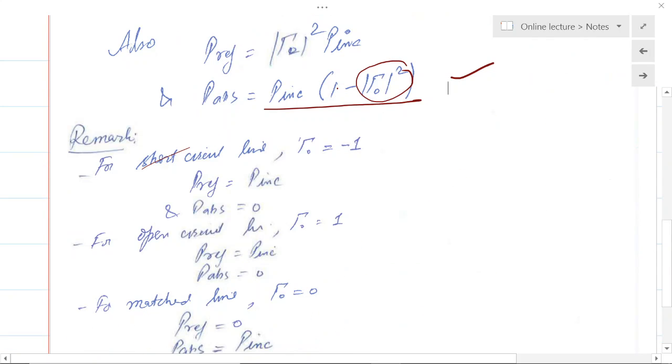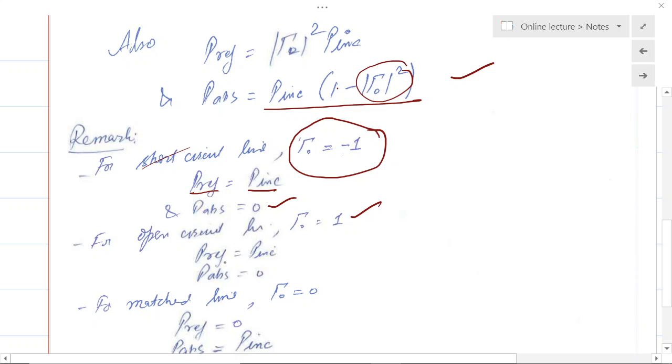So for a short circuit line, what do we have? Gamma naught equals minus 1. It means the whole power will be reflected back. No power will be absorbed because the magnitude of the reflection coefficient is 1. So P reflected equals P incident and no power will be absorbed. Similarly for the open circuit line, the reflection coefficient is plus 1.